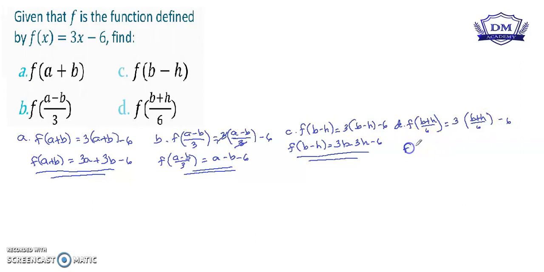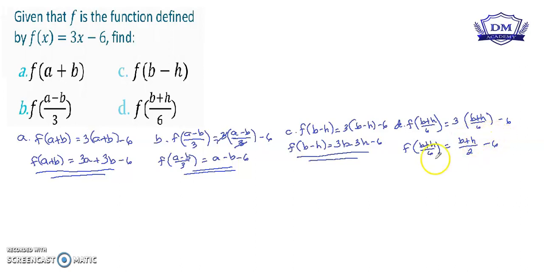So f of b plus h all over 6 is equal to 3 times the quantity b plus h all over 6, which is b plus h all over 2, minus 6.